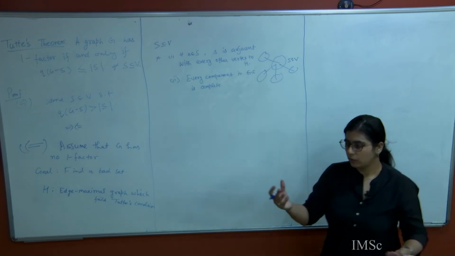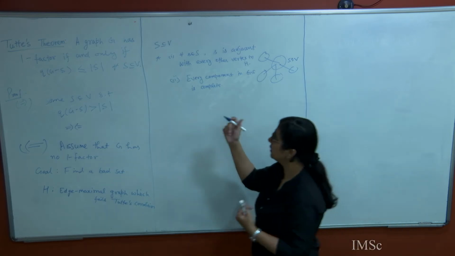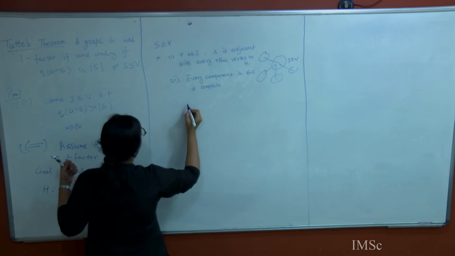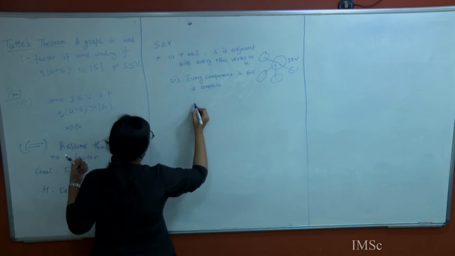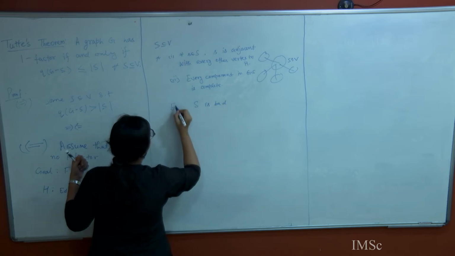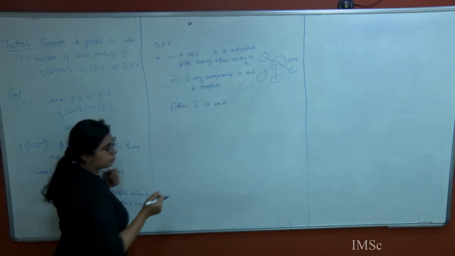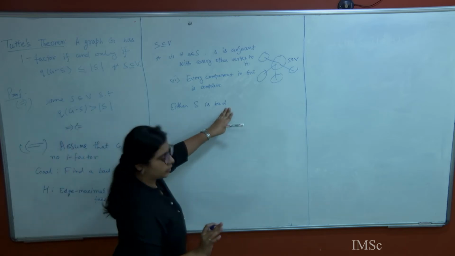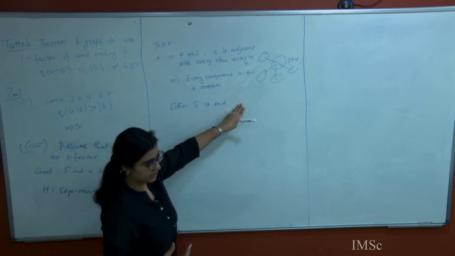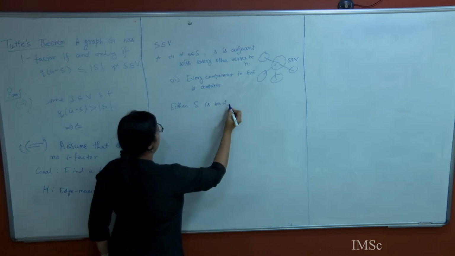And what is the bad set in this case? There will be two cases: either S is bad. If S is bad, then we are good. We were looking for some bad set and S is that bad set.